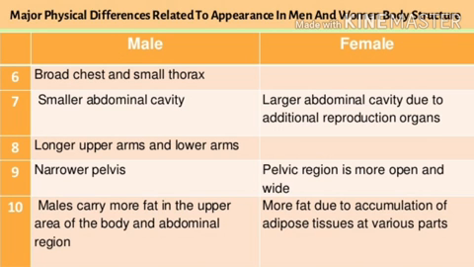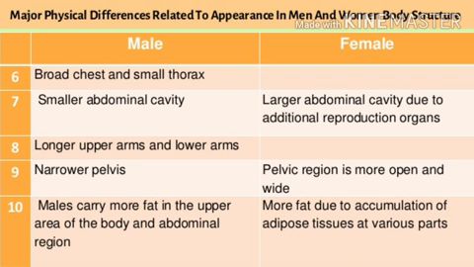Males have a smaller abdominal cavity. In comparison to males, females have a larger abdominal cavity due to additional reproductive organs, and the males do not have these reproductive organs.